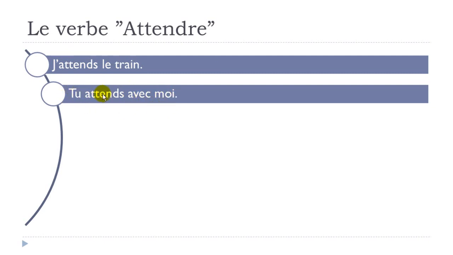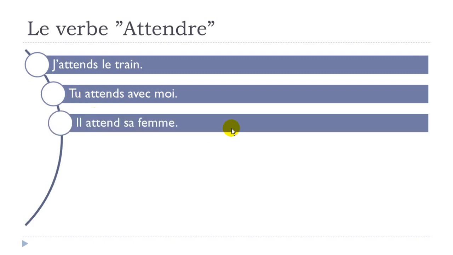You wait with me, avec means with, moi, me. Il attend sa femme. Remember, sa is the possessive, his in that case, and femme is wife.